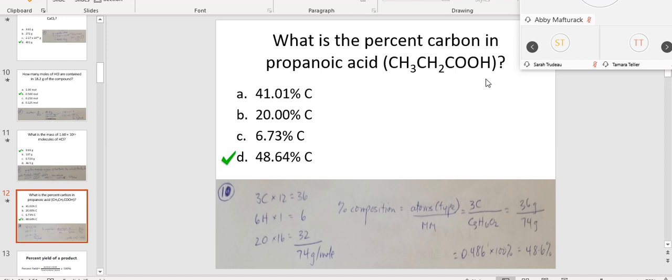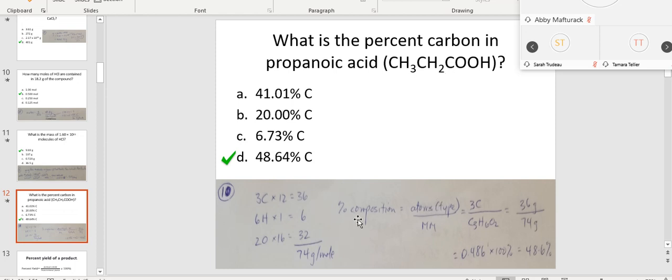So first thing you got to do, you need to find the molar mass of this. How many carbons? 1, 2, 3. How many hydrogens? 6. How many oxygens? 2. So the molar mass of propanoic acid is 74 grams per mole. Now, how many carbons are in here? Well, there are 3.